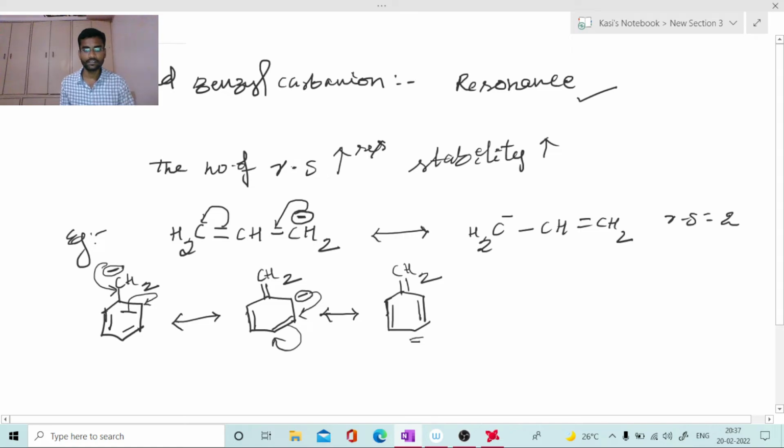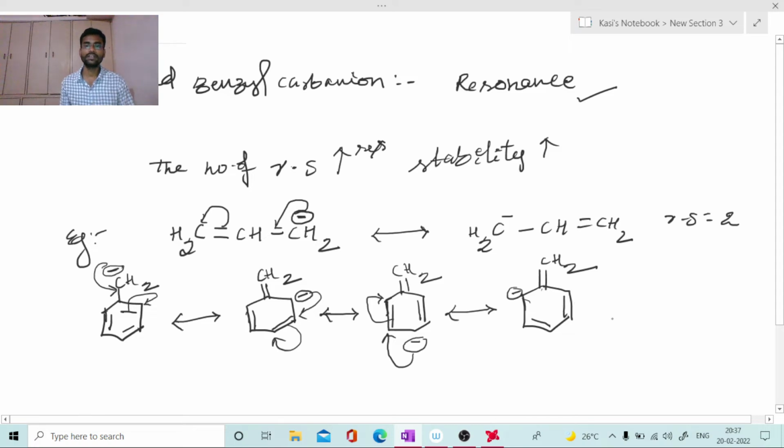Then again this can be shifted to this carbon, then this double bond can migrate to here. What structure will be formed? Here a double bond will be formed, here the negative charge will be formed, then here a double bond will be formed.